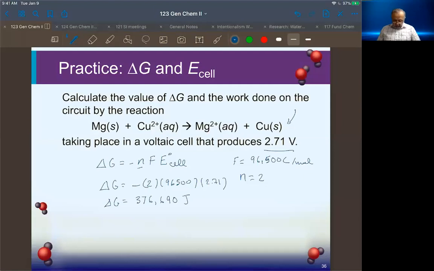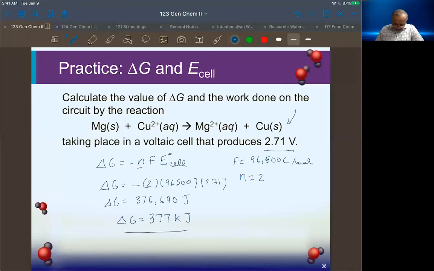So if you have used the right values, then just know that this is energy, and energy is expressed in joules, and that works itself out. Since this is such a big number, we can say that delta G is going to be equal to 377, rounding off to 3 significant figures, kilojoules.